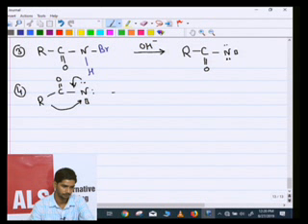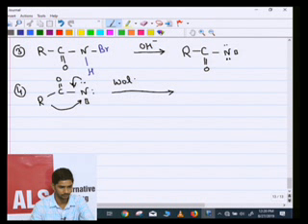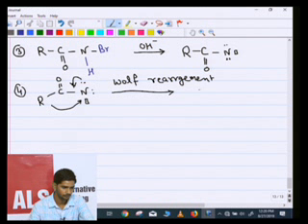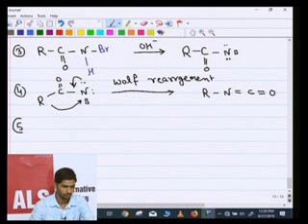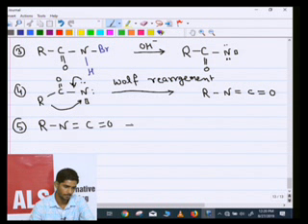See, this is the part of the rearrangement. Now you will get R, N, double bond, C, double bond, O.